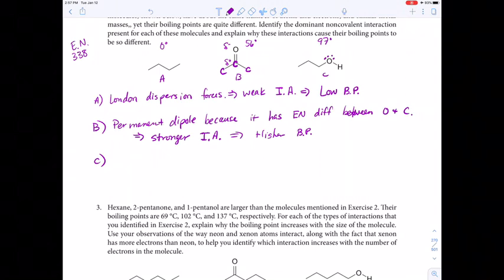And for that, we need an oxygen, a nitrogen, or a fluorine, and one of those needs to have a hydrogen bonded to it. So we have propanol here. We have our hydrogen bonded to an oxygen. We also have an oxygen that has lone pairs. So that means this molecule can hydrogen bond to itself. So we have hydrogen bonding.